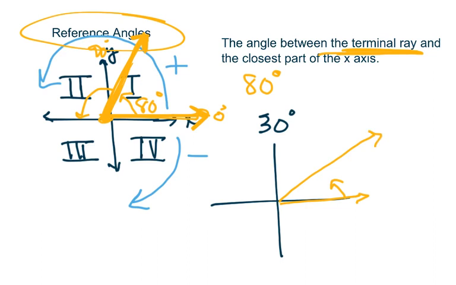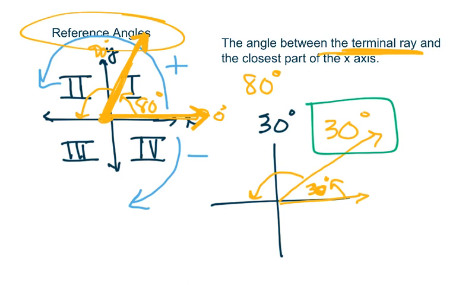I would say the reference angle is the angle between the terminal ray and the closest part of the x-axis. Well, this is the other angle closest to the x-axis, but that's 150. So the reference angle for 30 degrees is 30 degrees. Kind of a simplistic example.